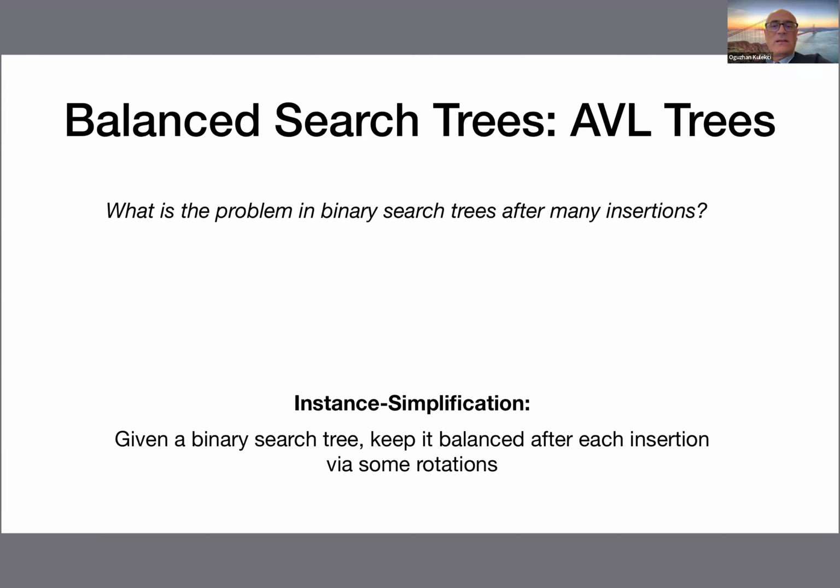This is still an instance simplification. You are not making a very fundamental change to your data representation. It is still a binary search tree, but you do it in a slightly different way.